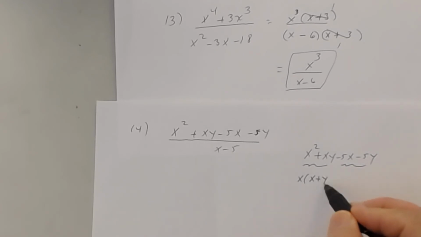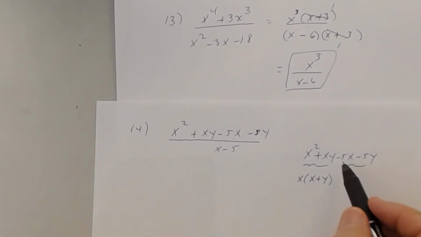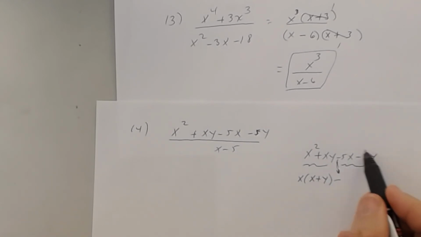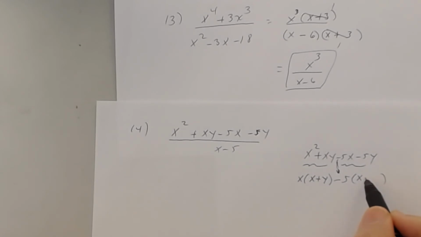x plus y. From the second group, now remember, the middle sign is subtraction, so you're going to factor out a negative GCF. So it'll be a negative what? Negative 5. Negative 5 times what? X plus y, right? Because a negative times a positive is a negative.